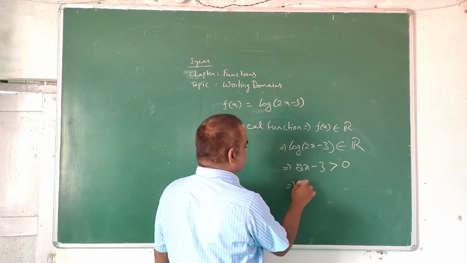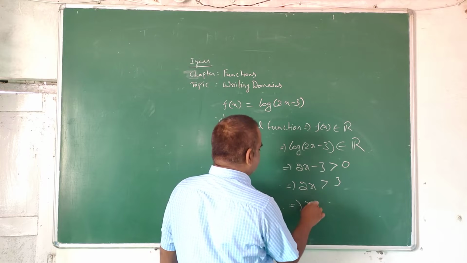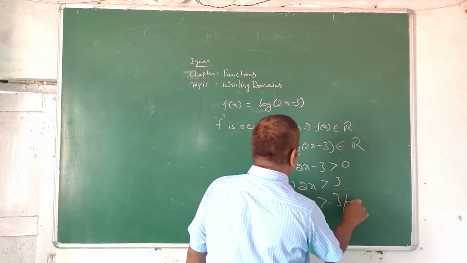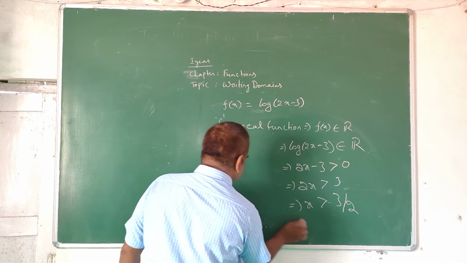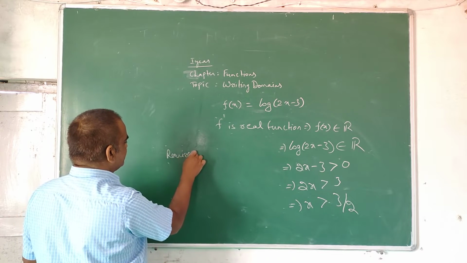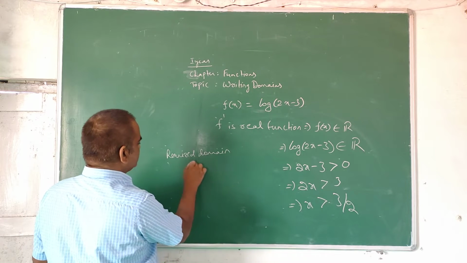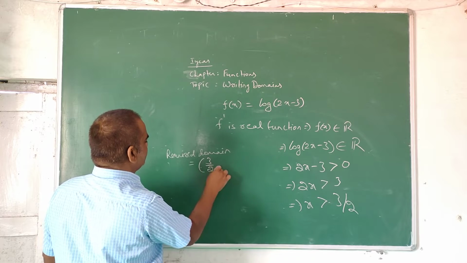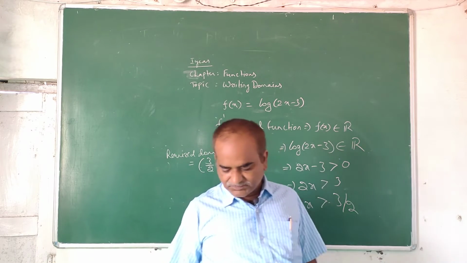So this implies 2x is greater than 3. This implies x is greater than 3 by 2. Therefore, the required domain is 3 by 2 comma infinity. Did you understand?